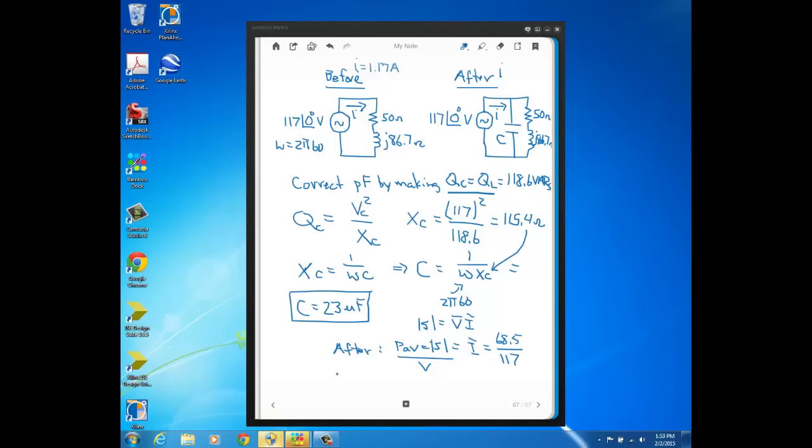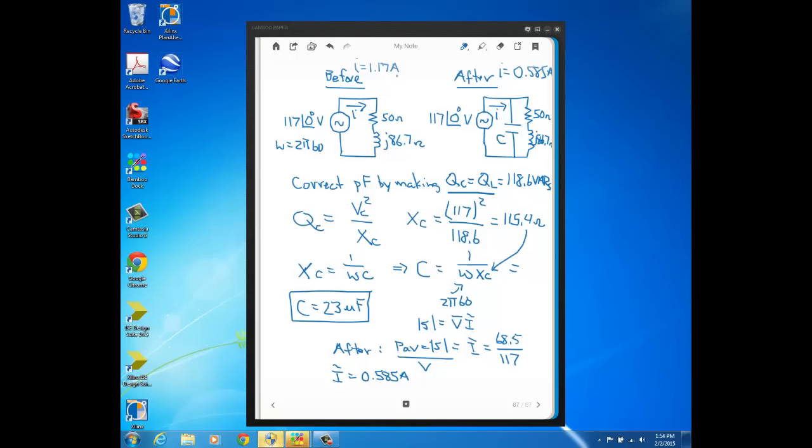So that gives us a current of 0.585 amps. So you see that's what's flowing in the line between the source and where the impedance is after the power factor has been corrected.